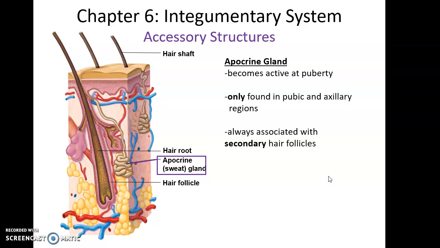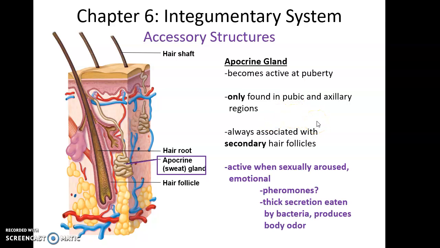They produce a thick secretion with lots of protein and lipids in it, which is then eaten by some bacteria, and those bacteria produce the odor associated with, say, armpits. So that unpleasant odor is from bacteria eating the secretions from apocrine glands.